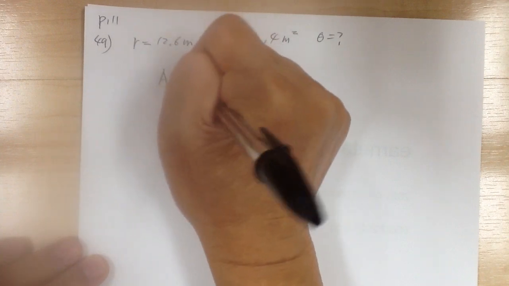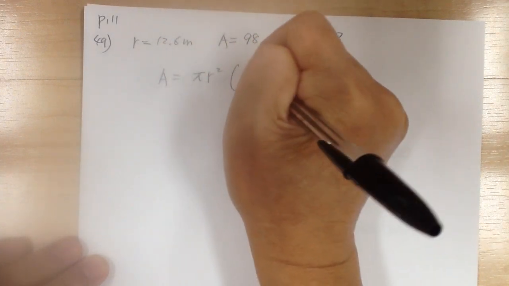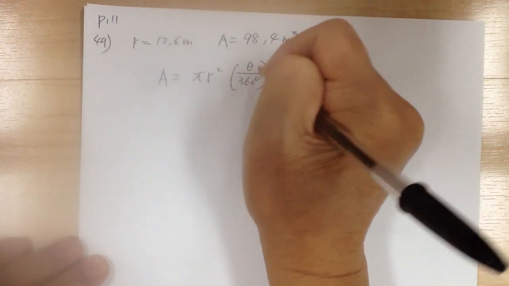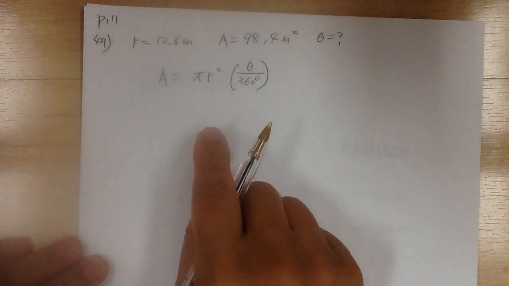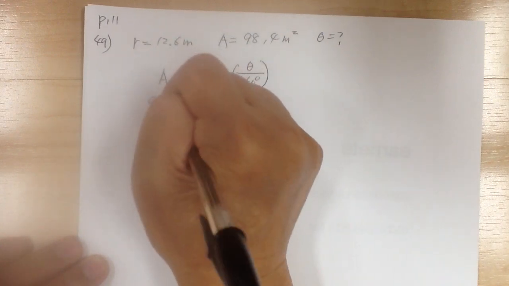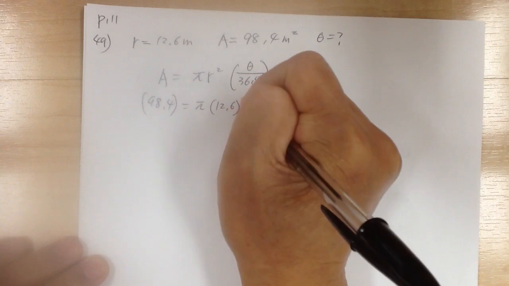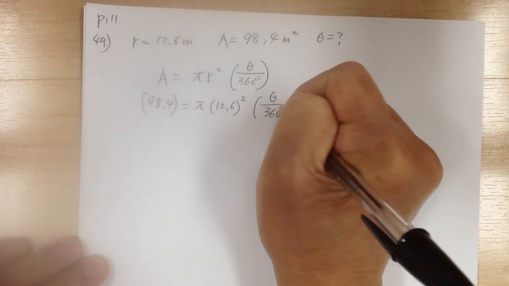Area of a sector equals pi r squared, the whole circle, times the fraction of what you need. Now we substitute everything in here. So you got 98.4 equal to pi times 12.6 squared times theta over 360 degrees.